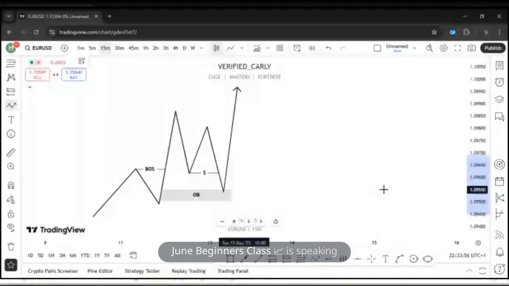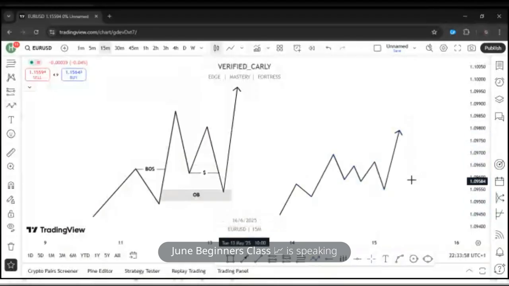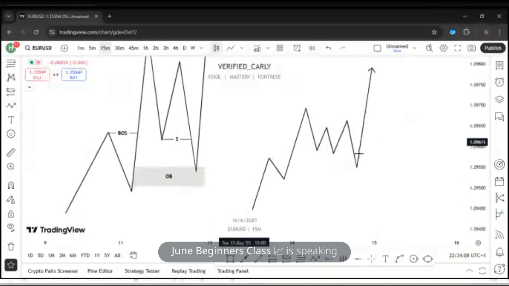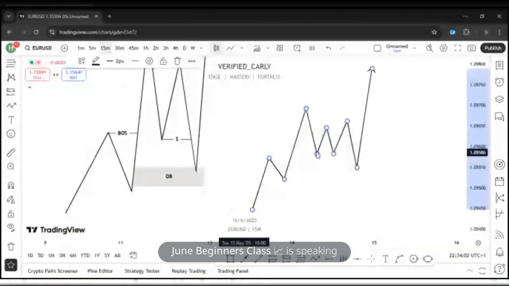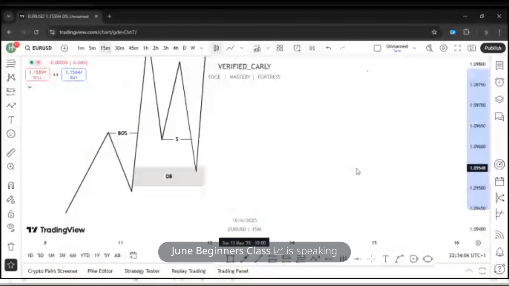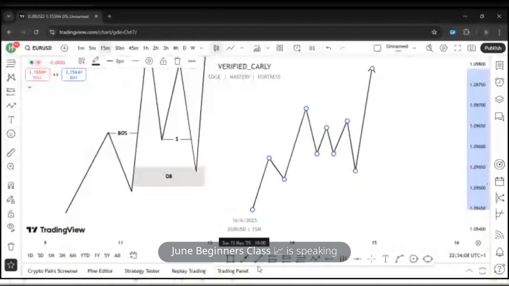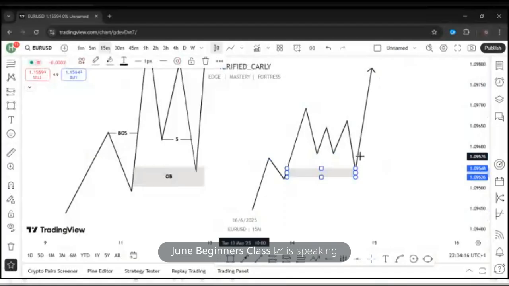That is double lows, and then price goes up. This is an equal low. You are seeing it, this is an equal low kind of market, and exactly the way I drew it. So this right here, order block, might be here, which price will tap at this zone. And this is an equal low.